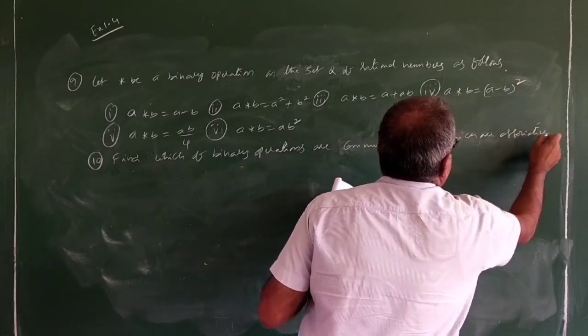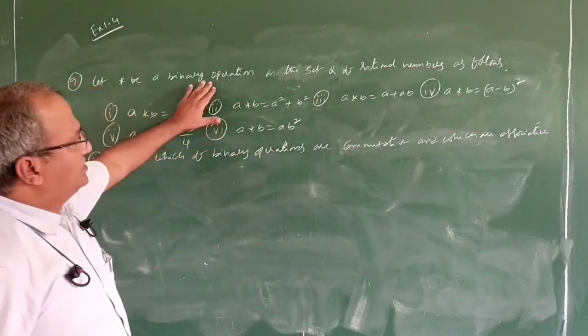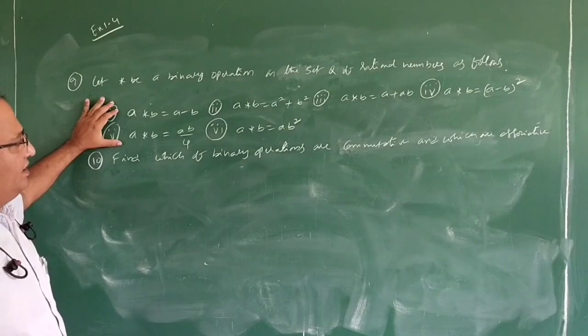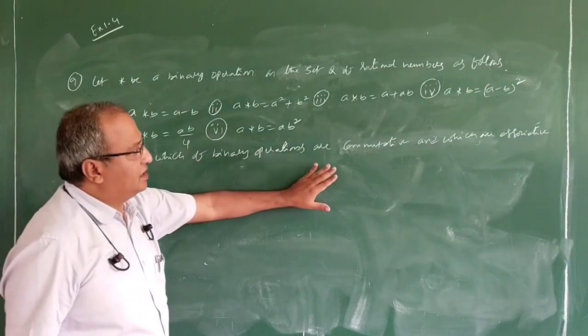Observe here, on the set of rational numbers these 6 binary operations are given. We have to find whether each is commutative or associative.